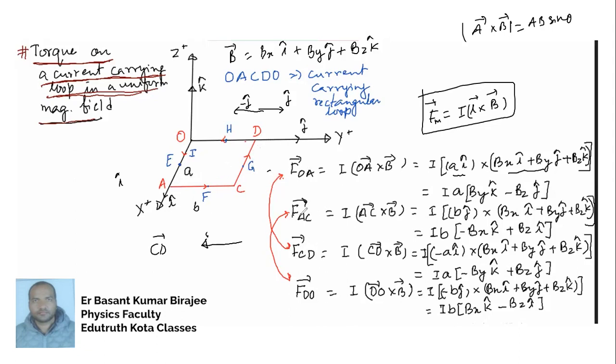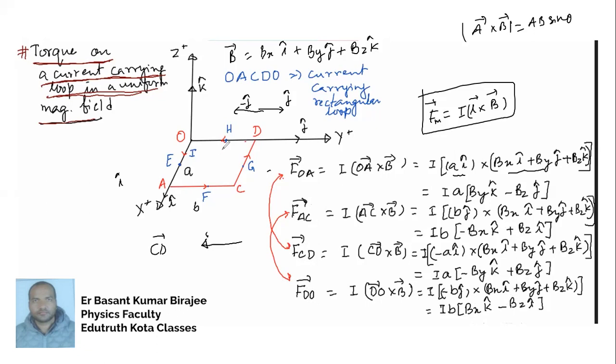In a similar way, you just look at the magnetic force experienced by the AC arm and the magnetic force experienced by the DO arm. See the value here. You have this much. If you multiply this quantity by minus, you will get this one. Minus into minus, you will have plus here. Plus into minus, you will have minus here.